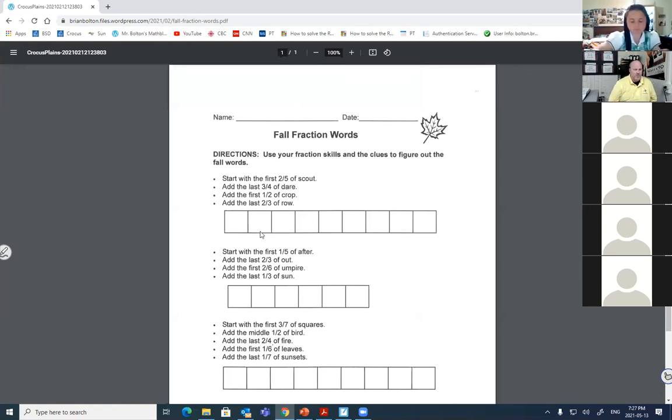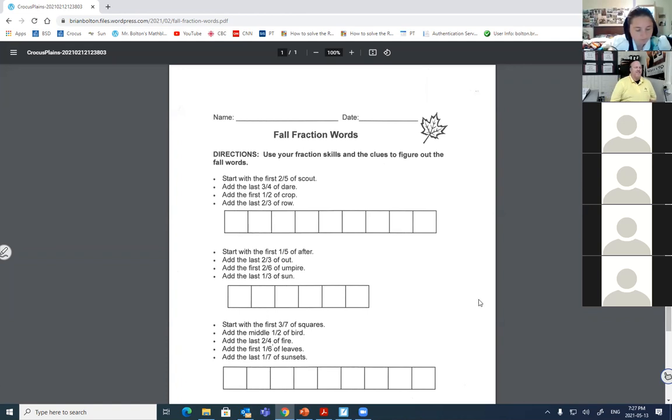Okay, so here's what I want you to do. Here you have a fraction and you have a word. So for instance, start with the first 2/5 of Scout. So the first 2/5 of Scout would be the S and the C. So you put your S and your C here, okay? And then just try to fill in the rest of it.